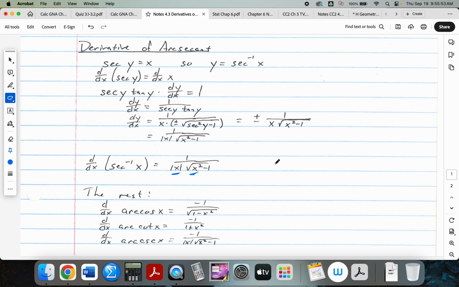All of the other ones, the derivative of arc cosine, arc cotangent, and arc cosecant, are exactly the same except they're just the opposite sign. So staying with our theme, when you have the derivative of a cofunction, it works with the arc cofunction also, that the derivatives are negative.